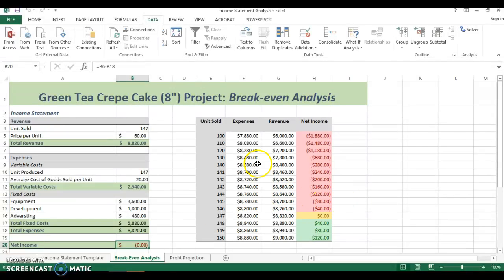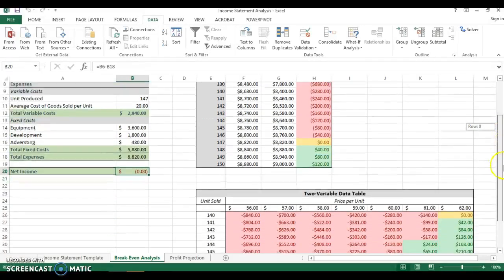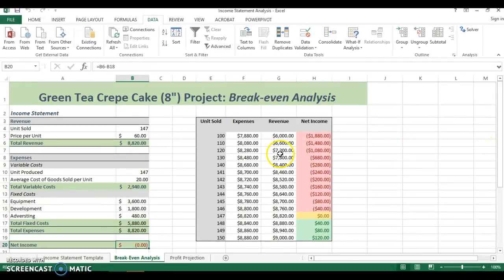I also did a two variable data table in here, and this is a one variable data table. You can see from here that if I sell 100 cakes, what my expense is, what my revenue is, and what my net income is.